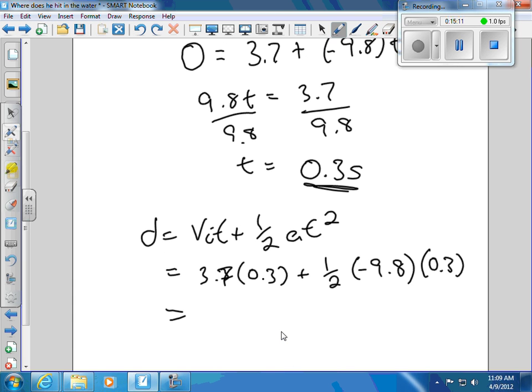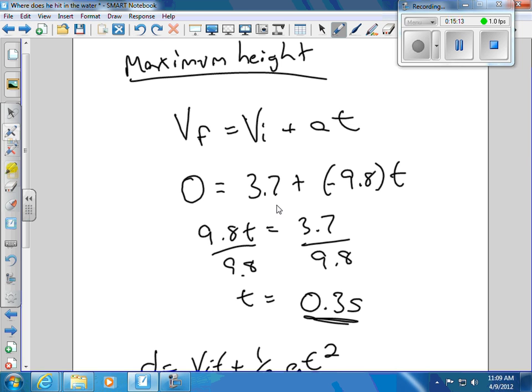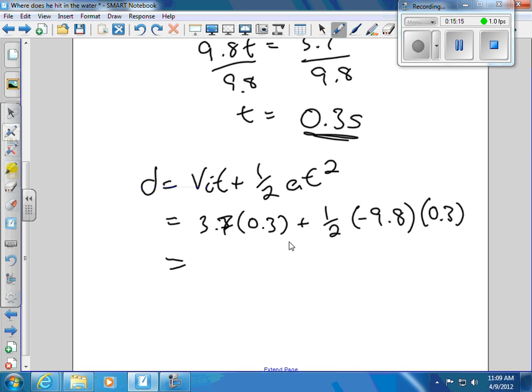Because that's our velocity initial in the y, right? 3.7 times 0.3. Okay, but unless you got different.